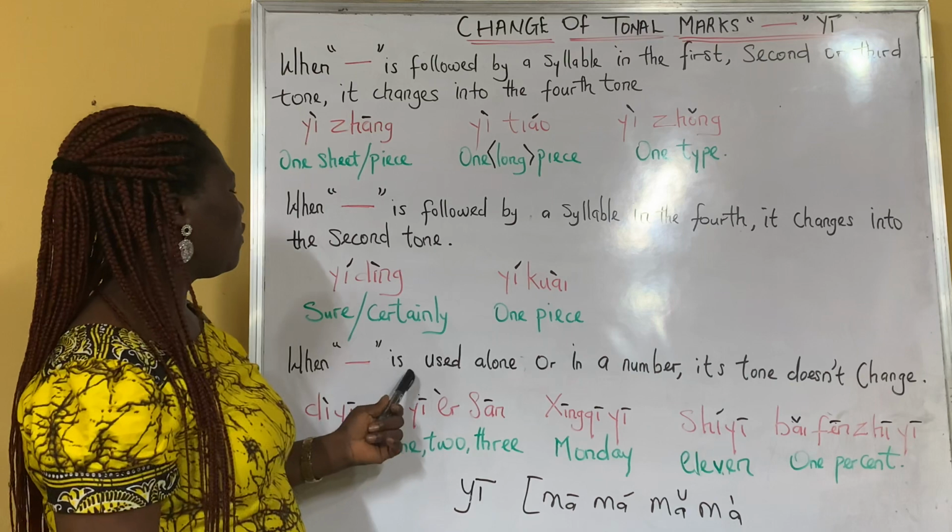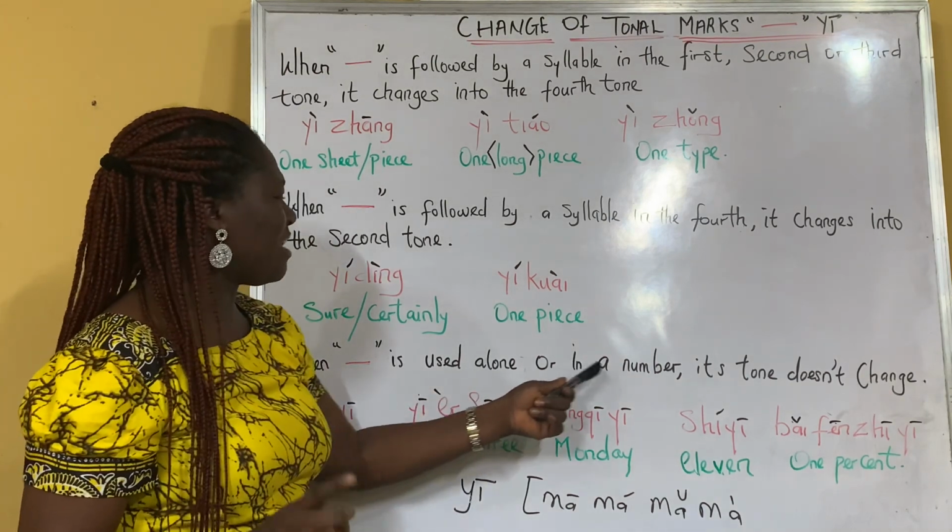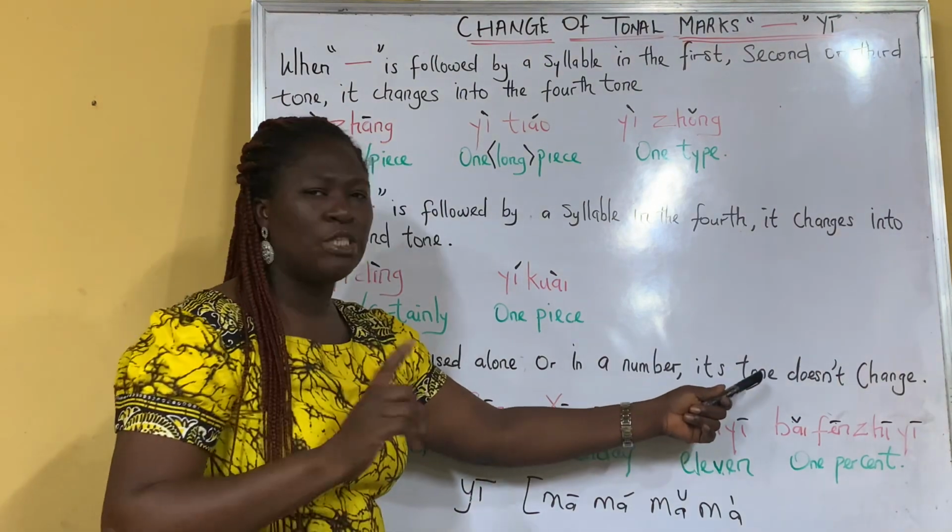When 一 is used alone or in a number, its tone doesn't change.